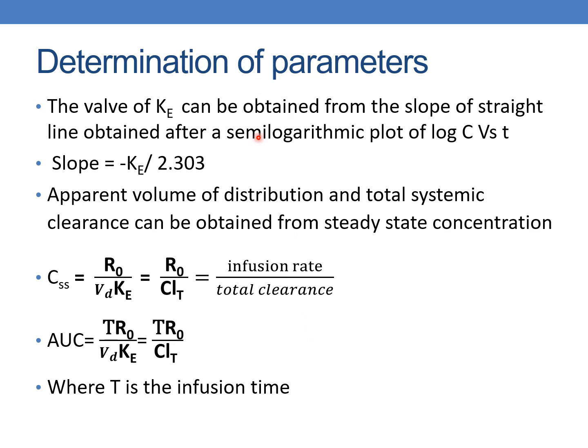So these are the equations from which we can determine the parameters such as volume of distribution, elimination rate constant, and total clearance. By this, we complete the one compartment open model IV infusion.